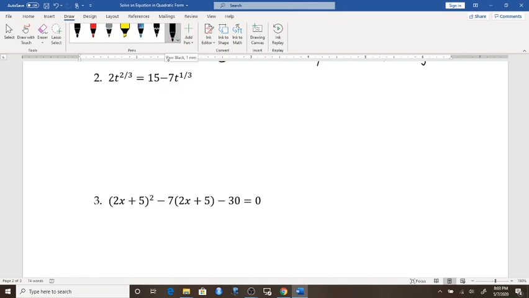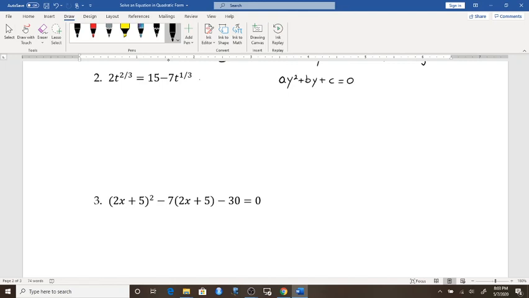Okay, so let's take a look at this problem number 2. So I want to solve for t, and written this way it looks actually very complicated. We cannot isolate t, so we're going to use the quadratic form, which means we're going to rewrite these equations in terms of ay squared plus by plus c equals 0.